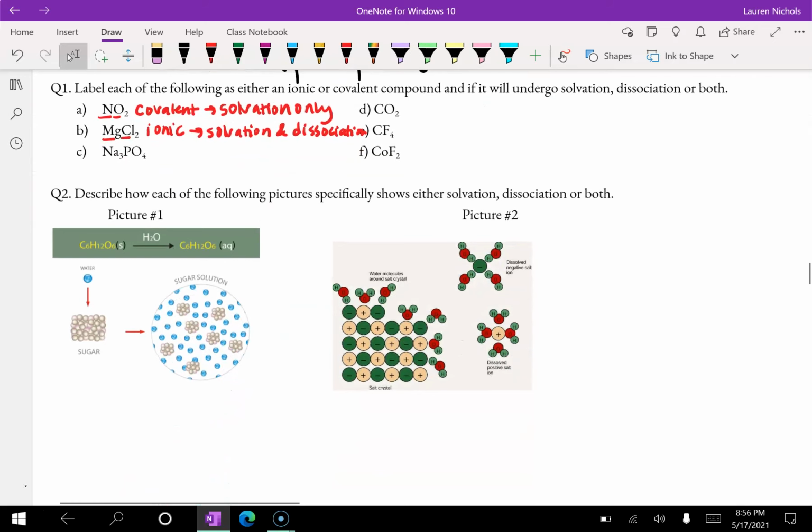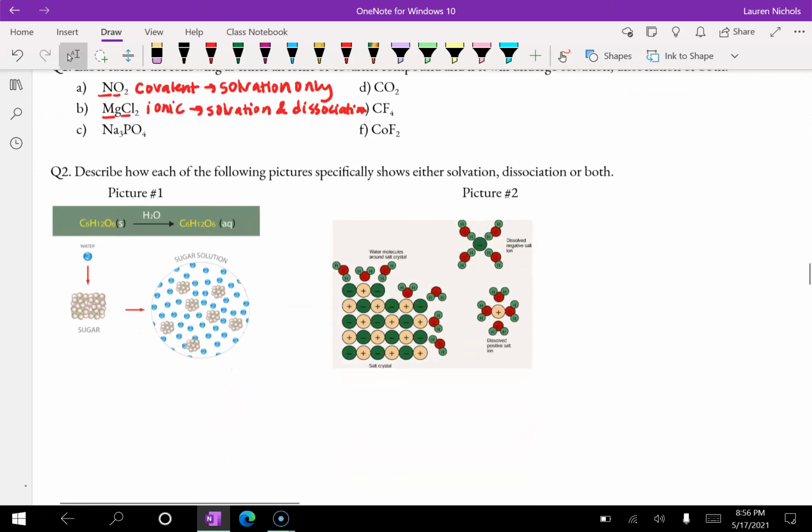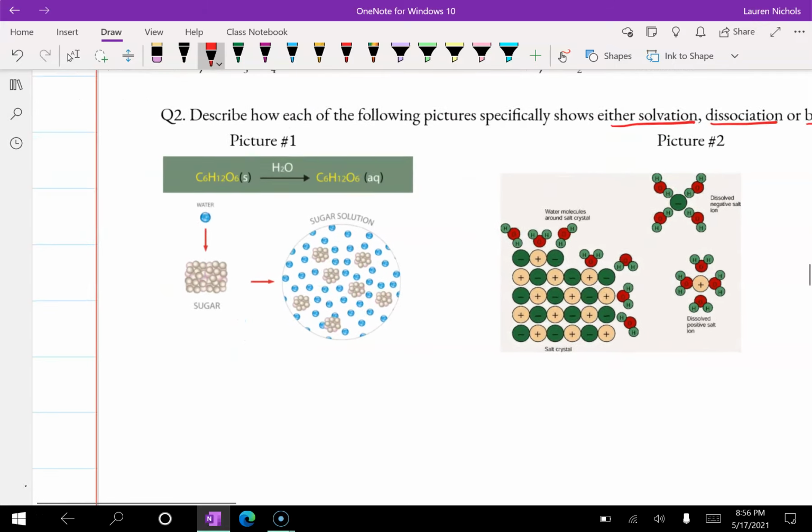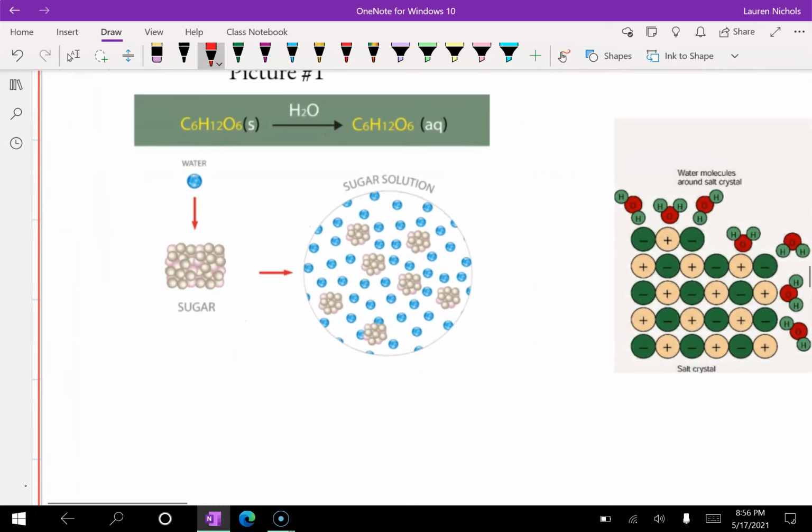Now, when we look at question 2, these pictures, it says describe how each of the following pictures specifically shows either solvation, dissociation, or both. So if we look at picture 1, we see here that all of these, carbon, hydrogen, oxygen, those are all nonmetals, which means that this is covalent. Okay, now because it's covalent, that means we should see solvation only.